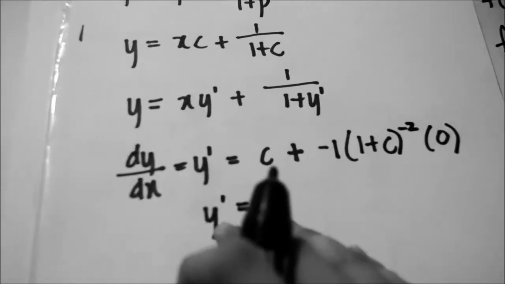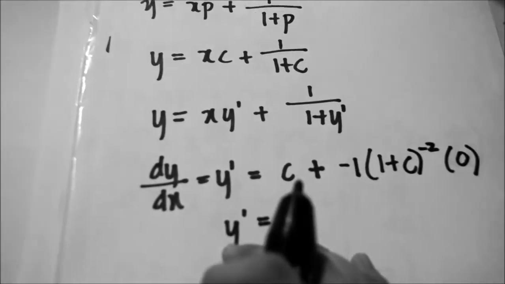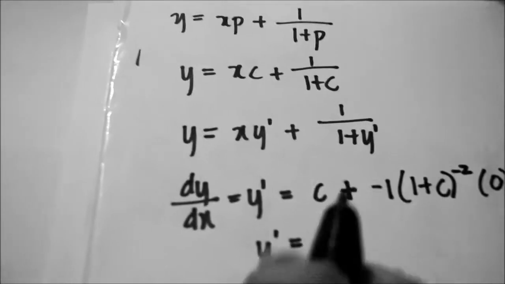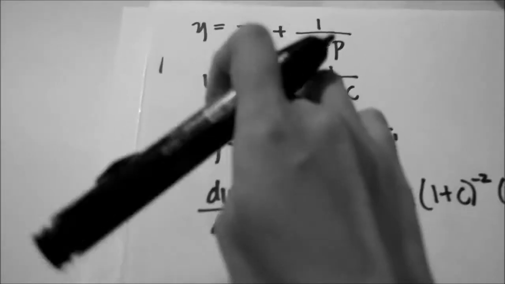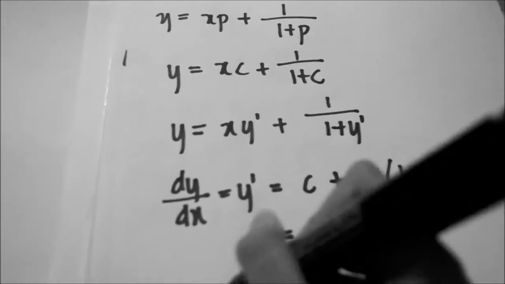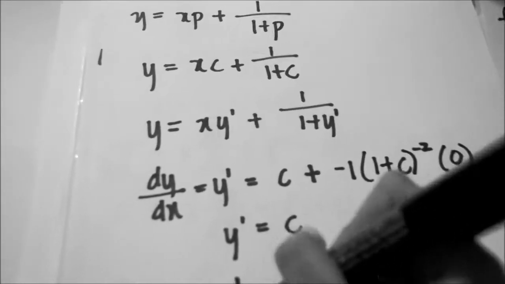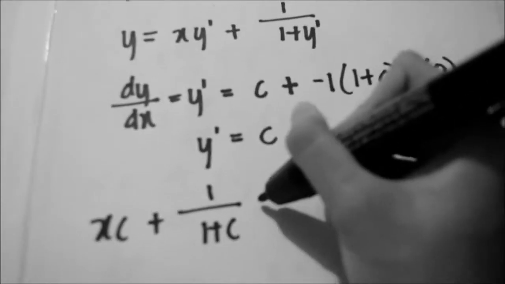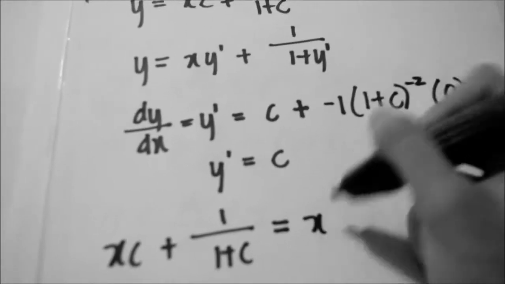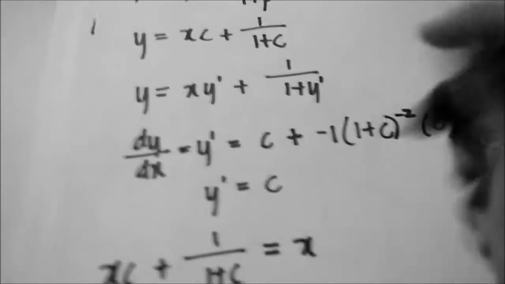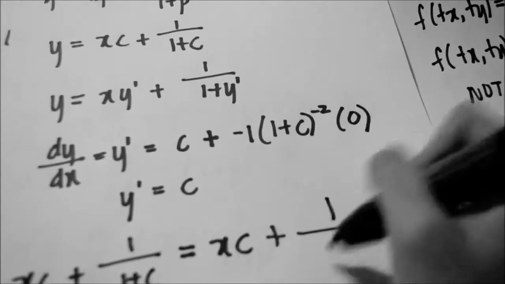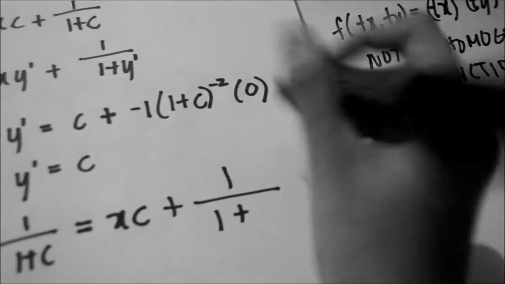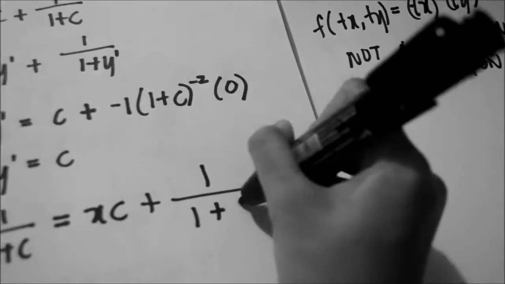Then we will substitute this here. So our y = xc + 1/(1 + c) equals x times y', which is c, plus 1/(1 + y'), which is also equal to c.